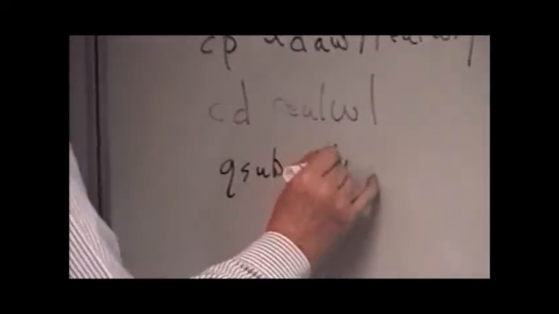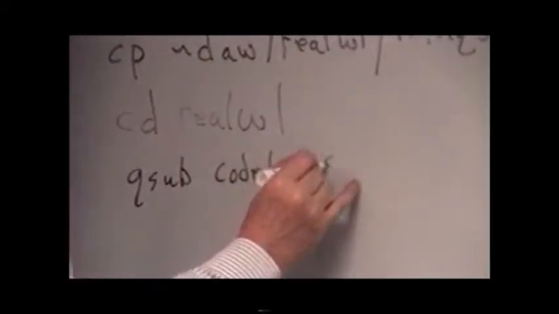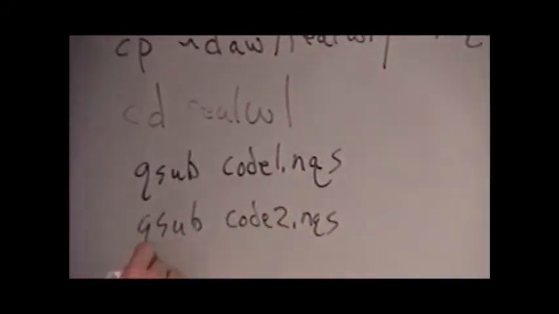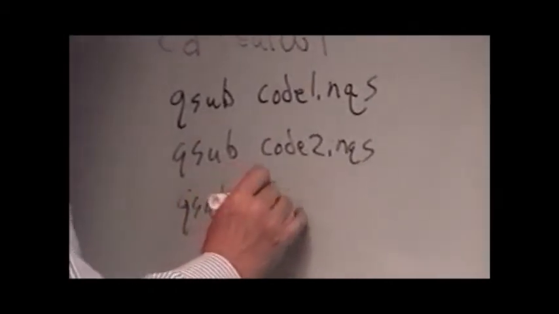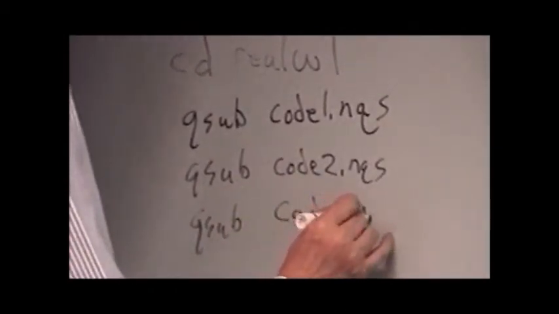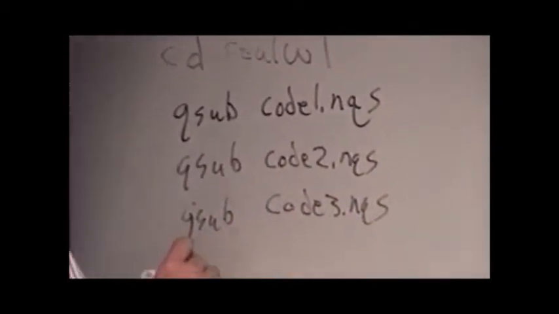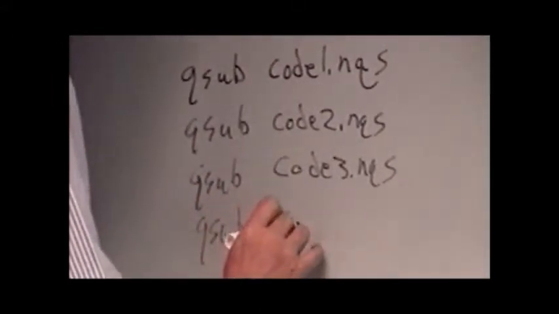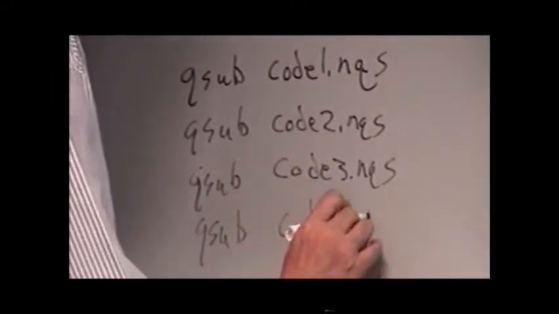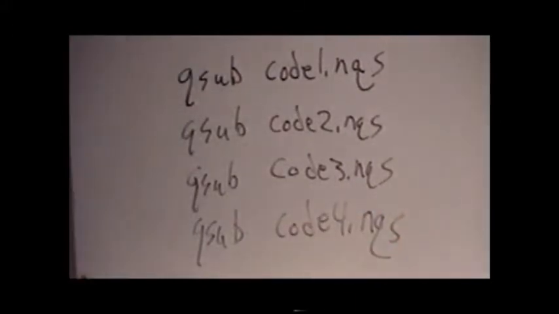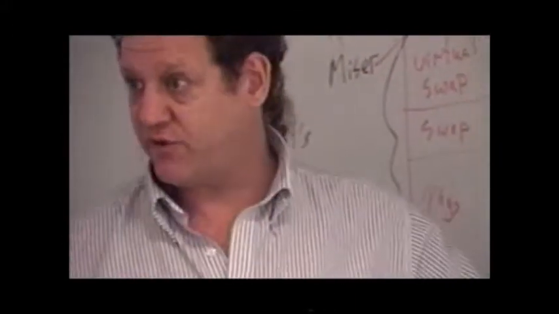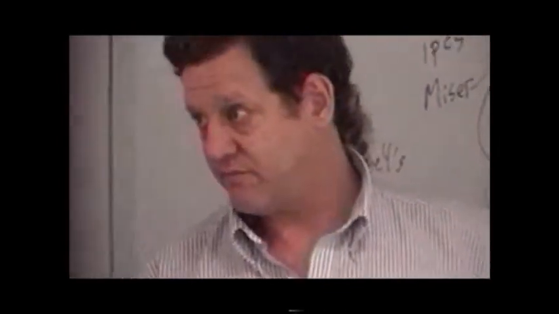So then you're going to do a qsub code1.nqs, qsub code2.nqs, and qsub code3.nqs, and also 4. Okay. So I'm getting your environment set up, I'm giving you job samples, and I'm going to have you submit them.